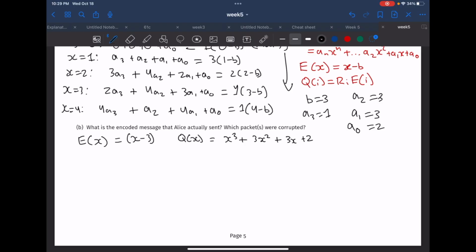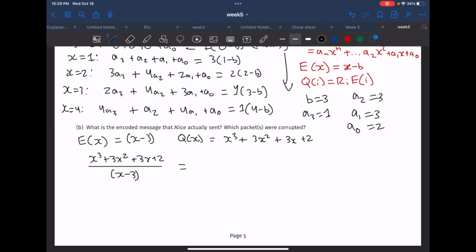And if we wanted to find the original polynomial P of x, we would have to use polynomial long division to divide Q of x by E of x. So x cubed plus 3x squared plus 3x plus 2, divided by x minus 3.